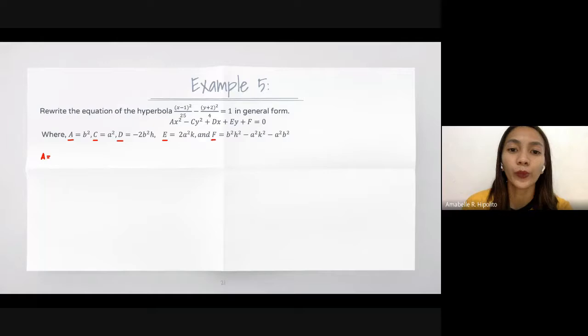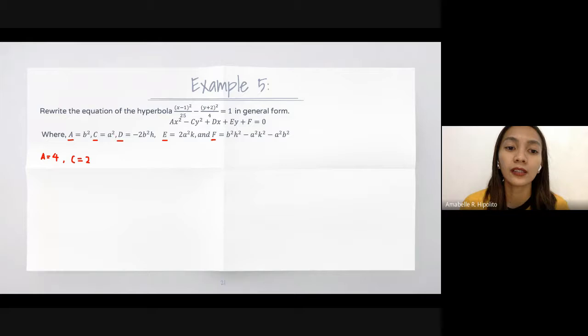In the standard form of the equation, B squared is given, and it is 4. So therefore, A is equal to 4. C is equal to A squared, which was also given in the standard form, and it is 25. So C is equal to 25.